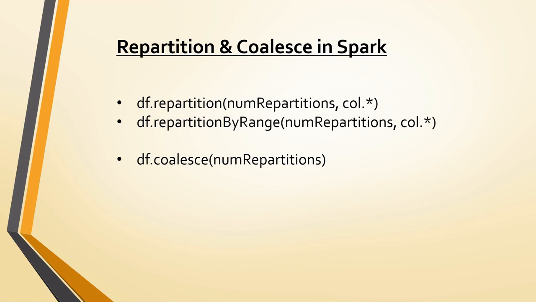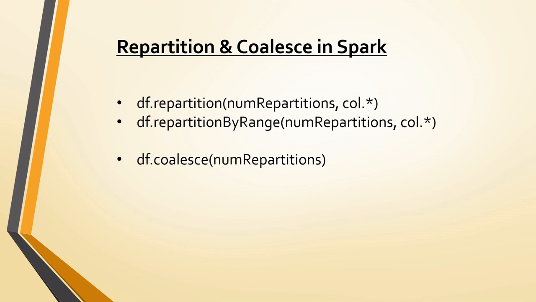And the second one, repartitionByRange, uses the range of the values to decide the partitions. For example, numbers 0 to 5 go to the first partition, 6 to 10 go to the second partition, and so on. In both cases it takes two parameters, but a minimum of one is mandatory.